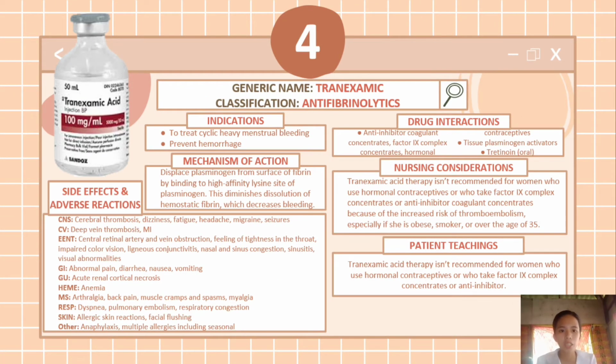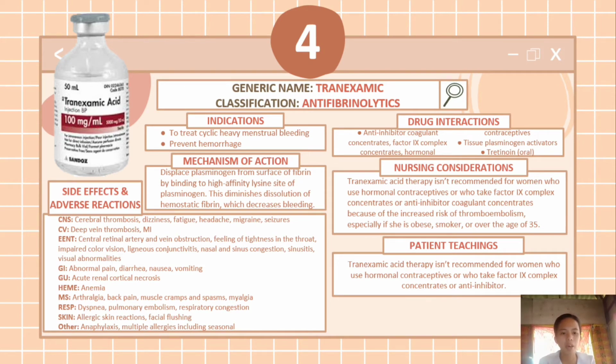The second drug is tranexamic acid. Tranexamic acid is a medication used to treat or prevent excessive blood loss from major trauma, including postpartum bleeding. Indication is to treat cyclic heavy menstrual bleeding and prevent hemorrhage.